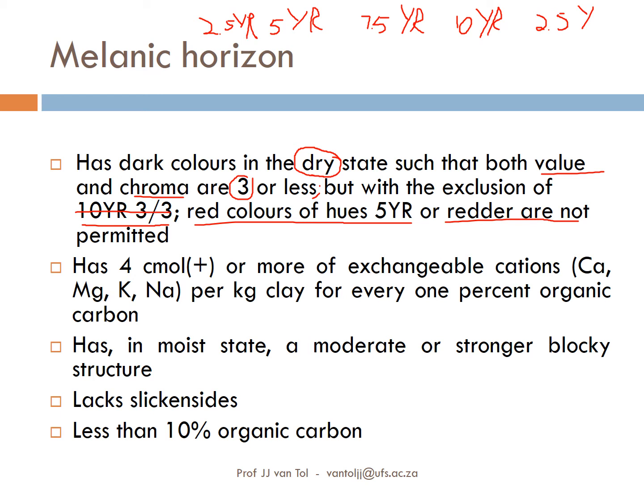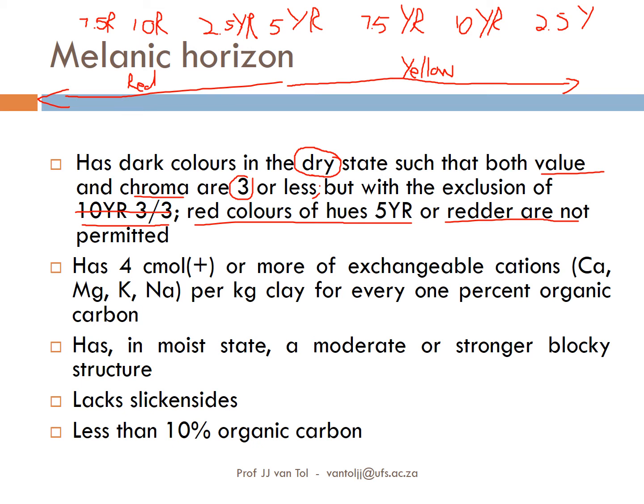Sorry, I'm drawing with a mouse, so it's a little bit difficult. And you've got 10R, 7.5R. Okay, so if you go from this side in this direction, it becomes more yellow, and in that direction it becomes more red. This is your hues. No?